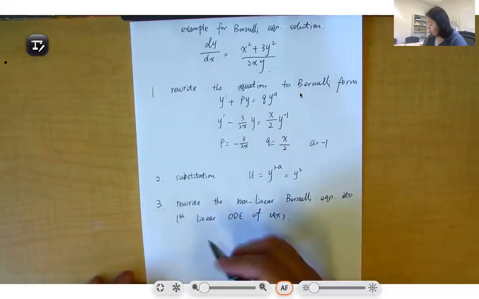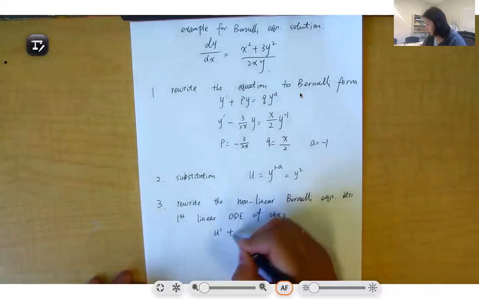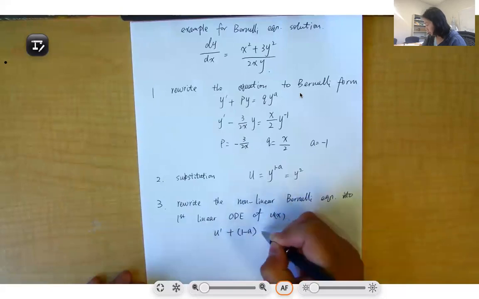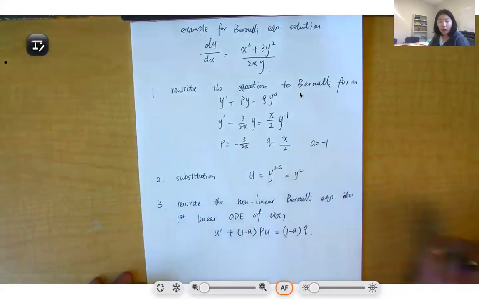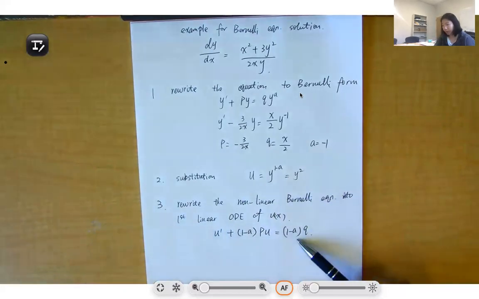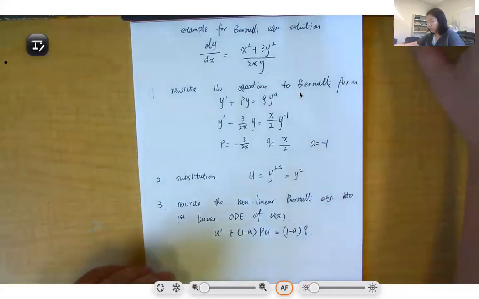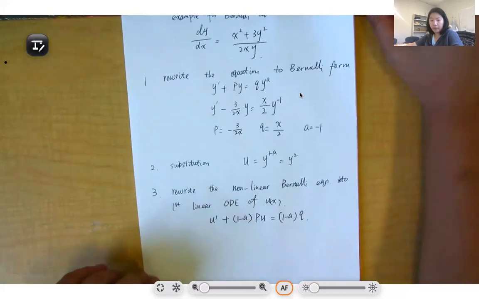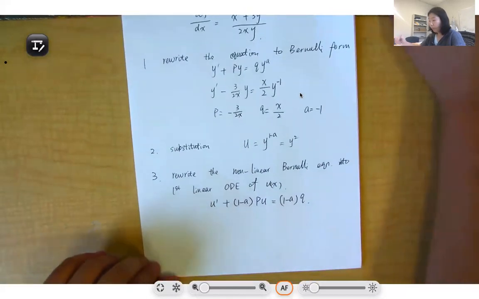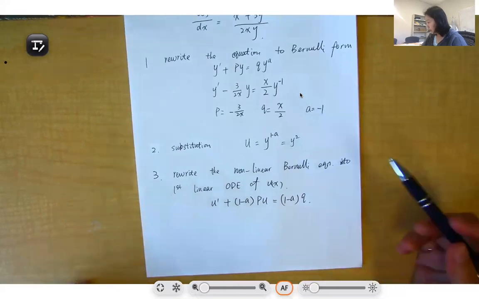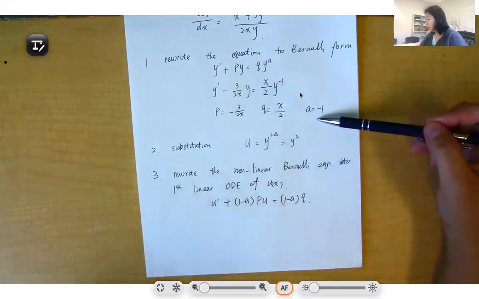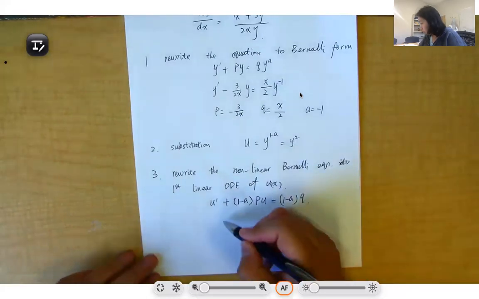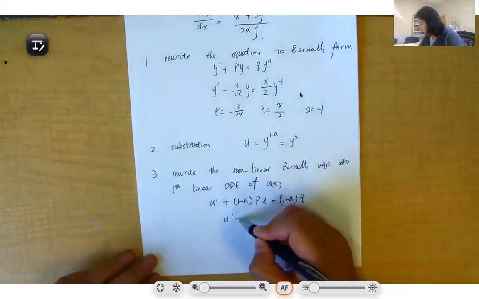So u prime plus (1 minus a) p u equals (1 minus a) q. That is our derivative from previously. And then we just need to input all the coefficients using this example, with the p, q and a that we will use here.